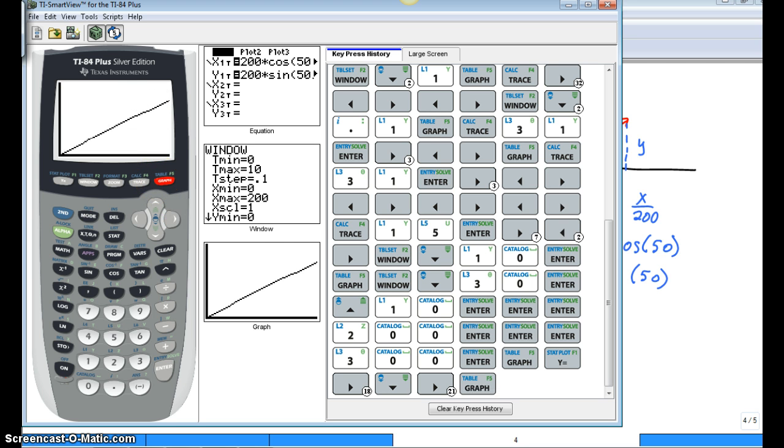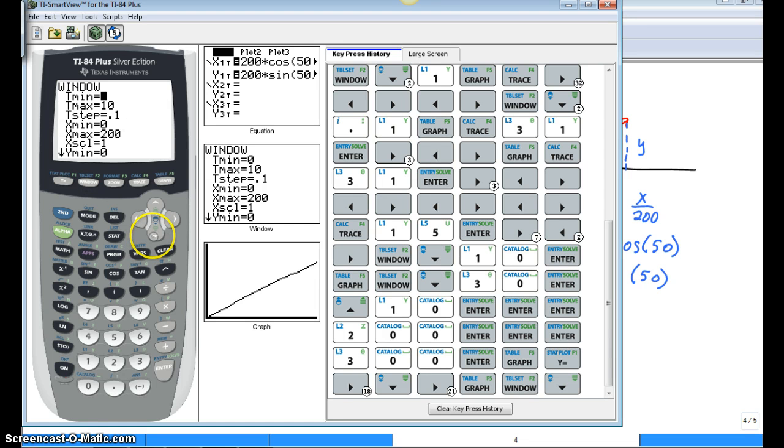Alright, so take a look at our graph, and clearly our window is not quite right. We know we start at 0, 0, but you can tell our x-axis is nowhere near long enough. And even our y-axis, the height on this is not very good.